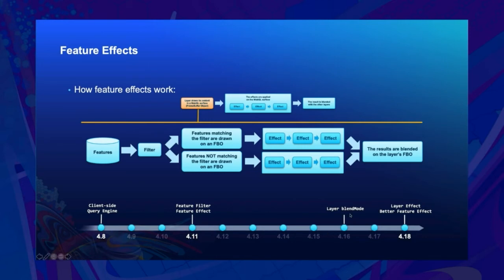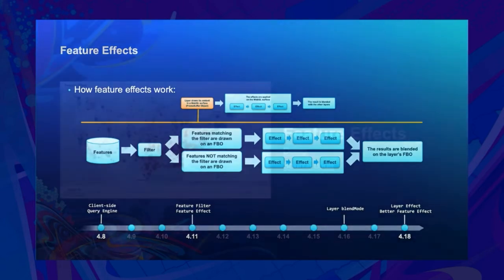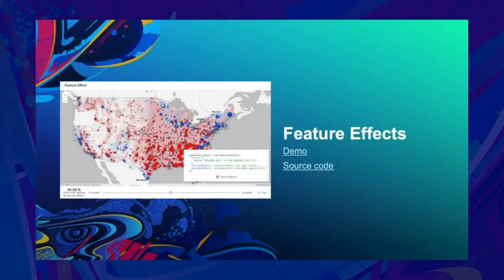Then blend mode was released in 4.16, and in 4.18 we released layer effect, and we also revamped the way feature effect is drawn. Now the two buckets are drawn separately. Before it wasn't like that. The features were drawn on top of each other, and if they were transparent, they didn't look good. Now it's great. So let's go straight into a demo.